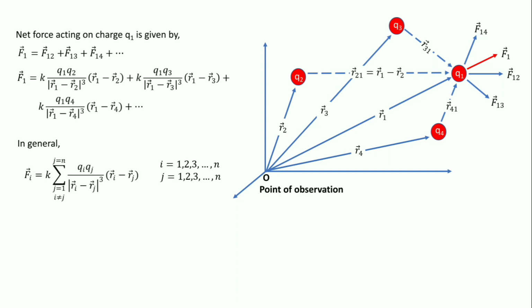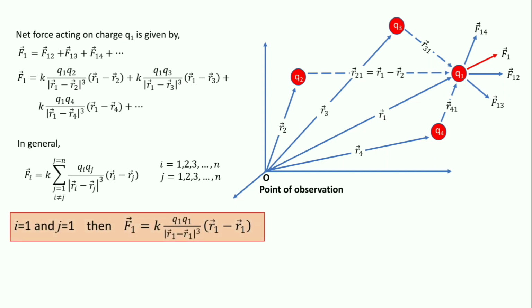But you should be careful that the value of i and j should not be equal. Suppose we take the same value for both i and j, that is, i equals 1 and j equals 1, then we get a force which means we are calculating the force of a charge on itself, which sounds meaningless. So, i and j should not be equal.